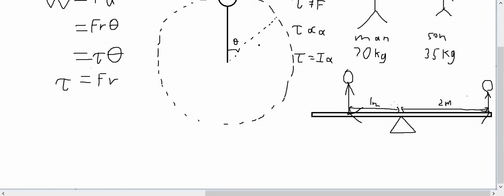So torque is equal on both sides. Since torque is directly proportional to angular acceleration, when you balance out the torque you get no net torque and no net angular acceleration. So the seesaw won't move down on either side.